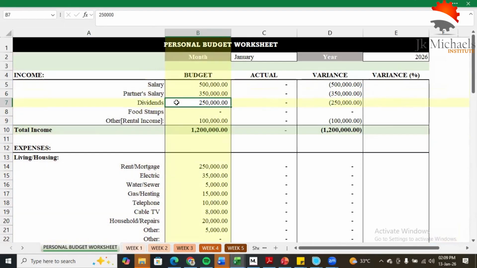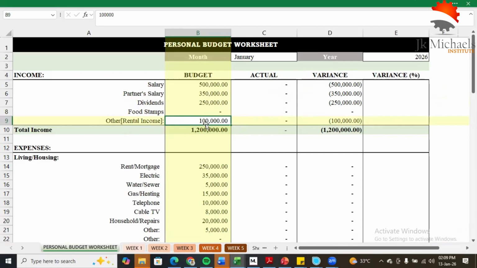Now, dividends generally are not regular. Even when your investments pay regular dividends, the amount they pay may not be regular. And then things like rental income generally tend to be regular, but they may not be very regular in terms of time. So they're regular in terms of amount, but may come in January, may come in December.